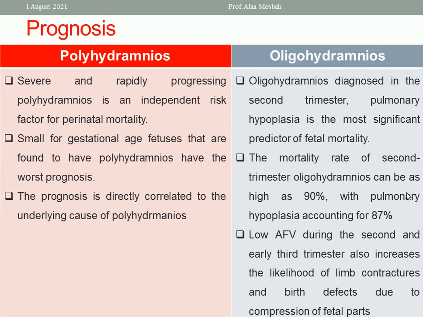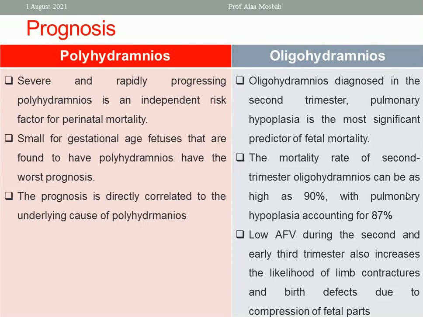Low amniotic fluid volume during the second and early third trimester also increases the risk of limb contractures and birth defects due to compression of the fetal parts.